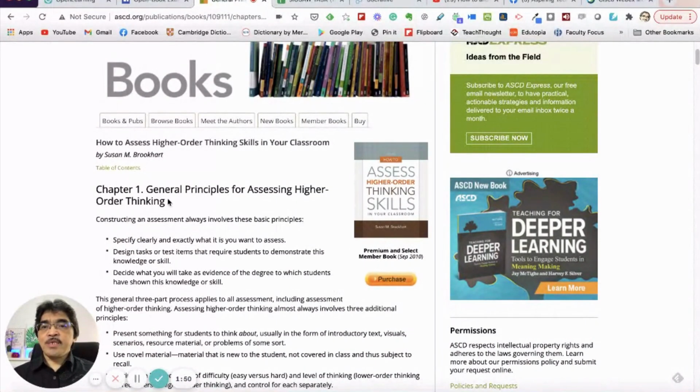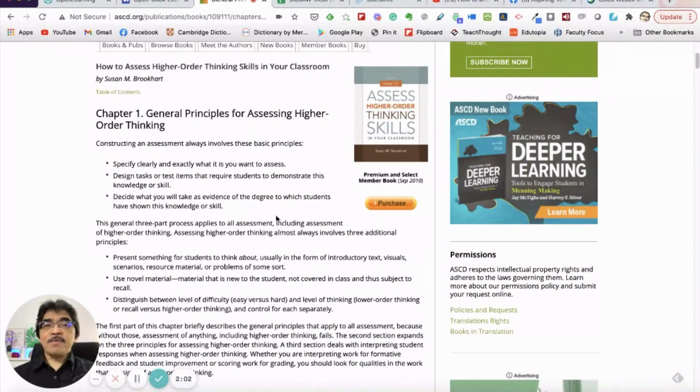It is chapter 1 from the book Assess Higher Order Thinking Skills in Your Classroom, which I would also highly recommend to buy or to get. This is a very comprehensive chapter giving the overview of the general principles for assessing higher order thinking skill.